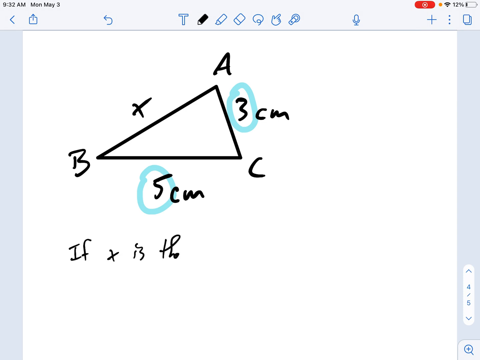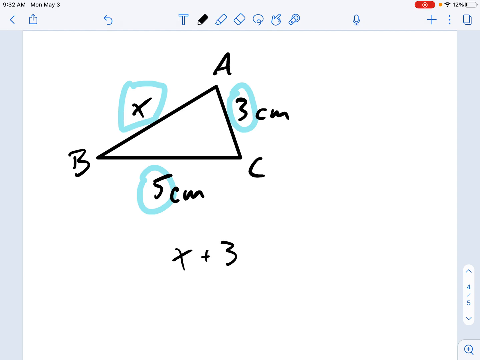Oh, sorry, I'm thinking about this wrong. So x actually is not going to be the biggest here. So x is going to be the second largest side length.